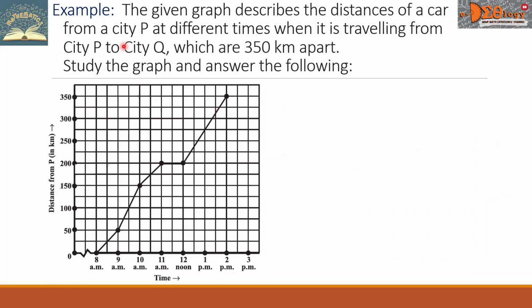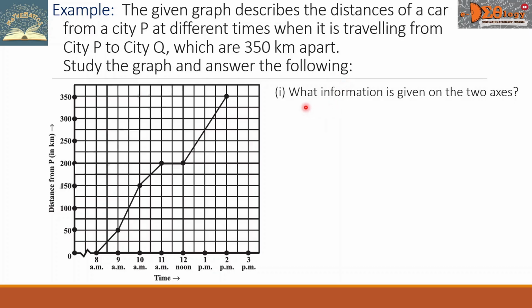Another example, the given graph describes the distances of a car from a city, capital P, at different times when it is traveling from city P to city Q, which are 350 kilometers apart. Study the graph and answer the following.